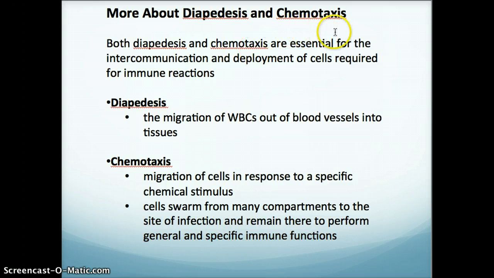And then we have the chemotaxis, which I spoke of earlier, which is going to cause the migration of cells in response to that chemical stimulus. And cells will swarm the compartments of the site of infection and remain there to actually heal and get rid of the infection. So these are two really important factors that are essential in that communication and deployment during an immune reaction.